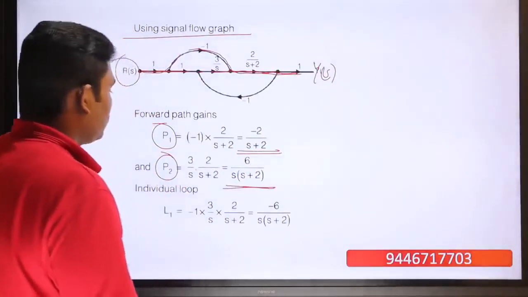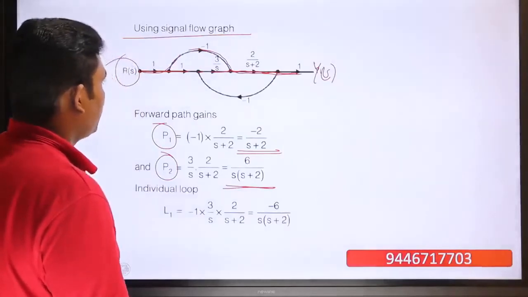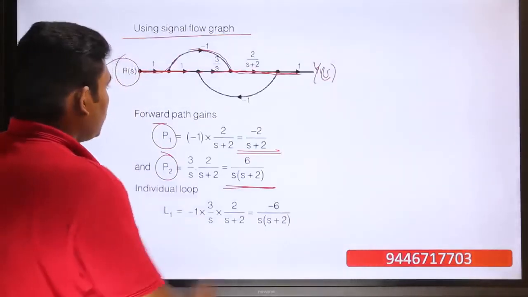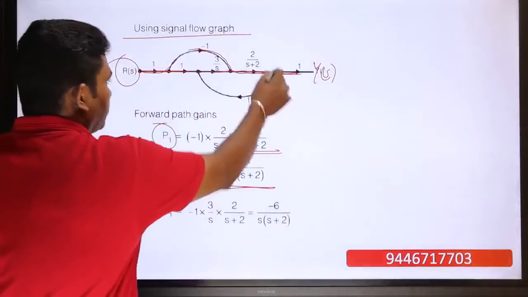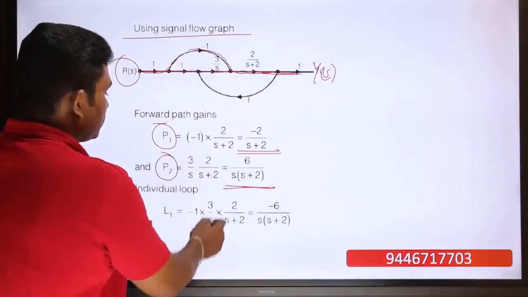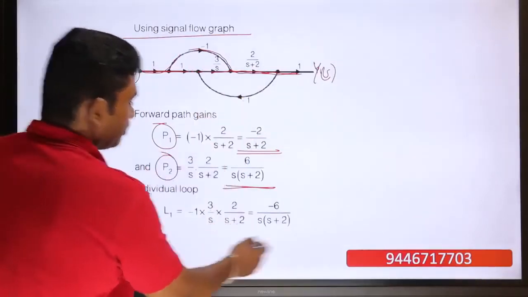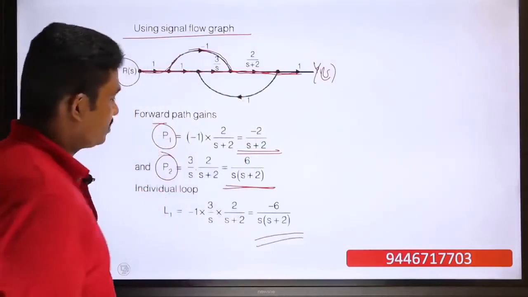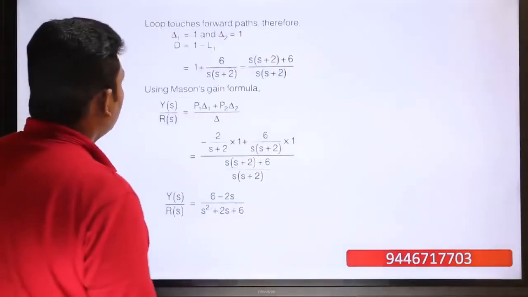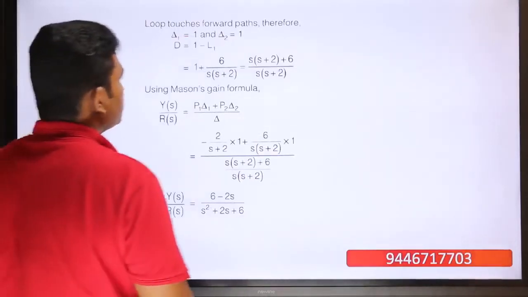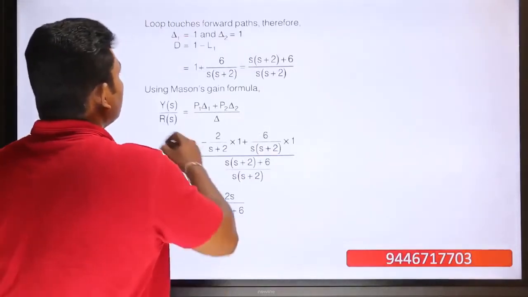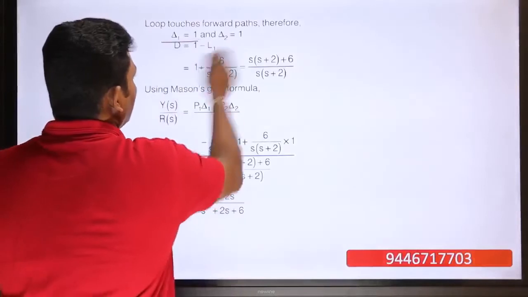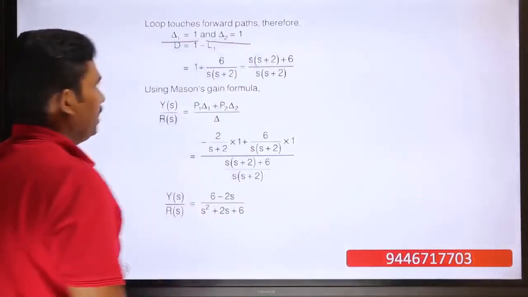Now we are going to find the individual loop gains. The loop, including 3/S and 2/(S+2), gives -6/(S(S+2)). The loop touches the forward paths, therefore delta 1 is equal to 1 and delta 2 is equal to 1.